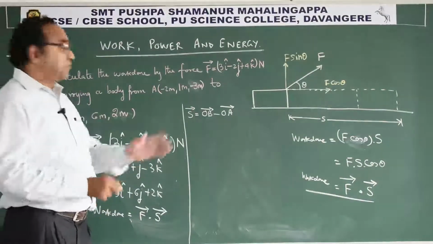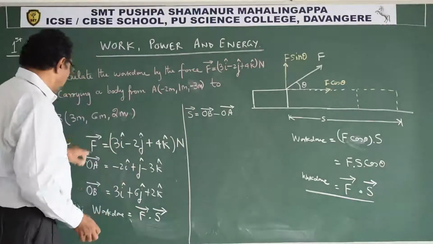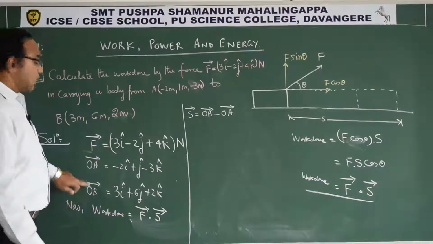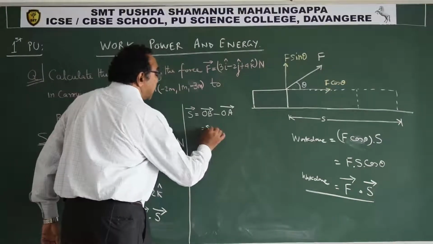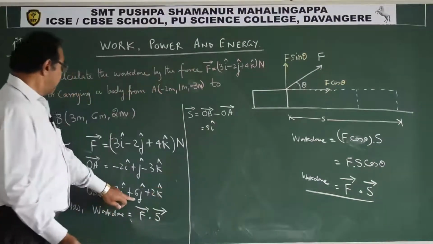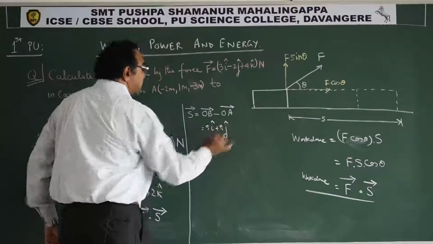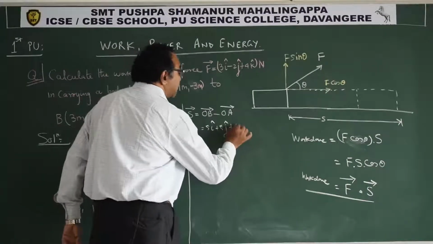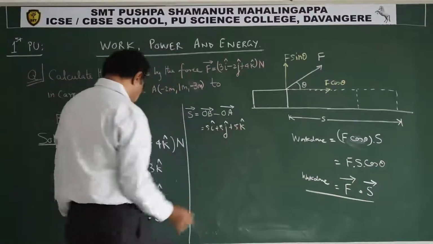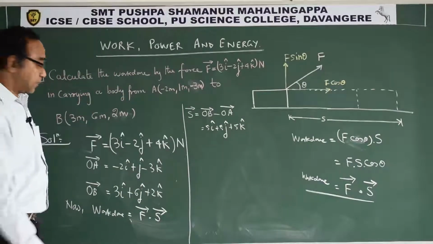So displacement, final position minus initial position. So final position is OB minus OA. So 3, so this you will get as 5i. 6 minus 1, so plus 5j. This is 2, so this is 5k. This is exactly what we get for displacement.